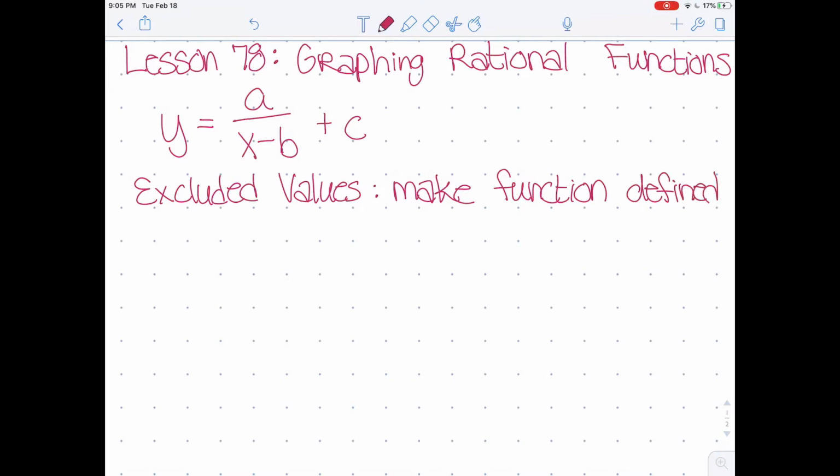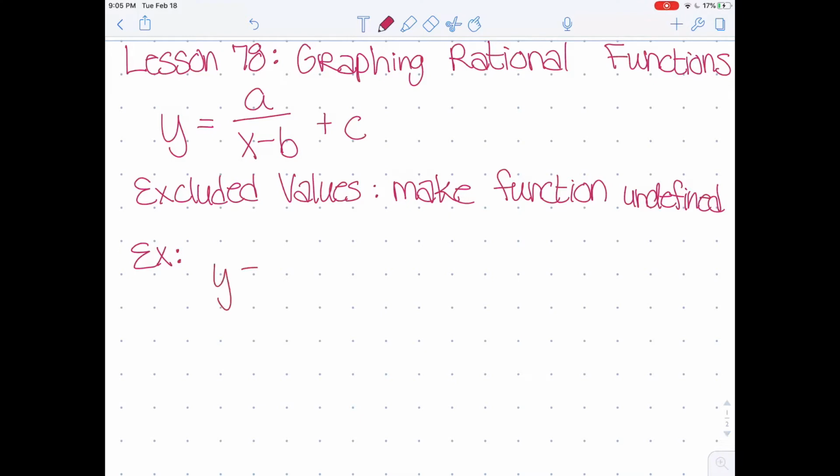So like when you're dividing by 0, that's undefined, so that would make the function undefined. Okay, so let's look at what that looks like.